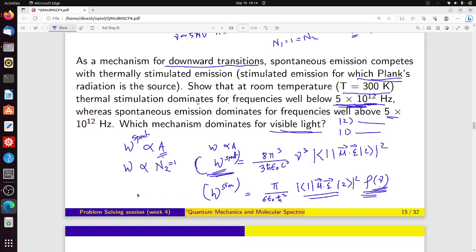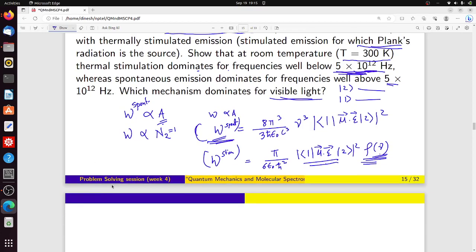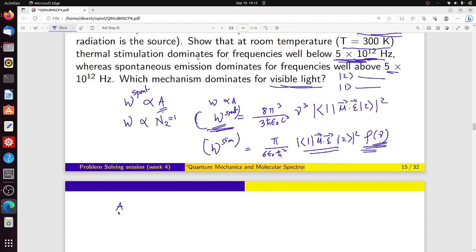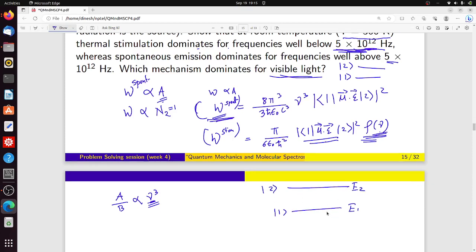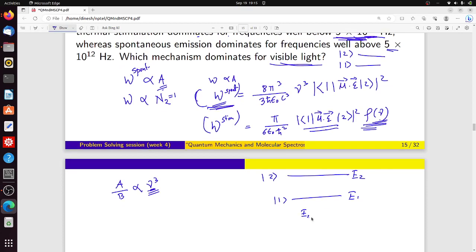be dominating. If at room temperature the frequency is this much, then which one will dominate, this one or this one? So you must be remembering from class there was some relation, A by B is proportional to nu cube, right? So nu is what? This is the radiation frequency. So if there are two states, 1 and 2, and energy E1 and E2, the energy gap E2 minus E1 can be written as h nu, where this h nu is the incoming radiation energy, right?